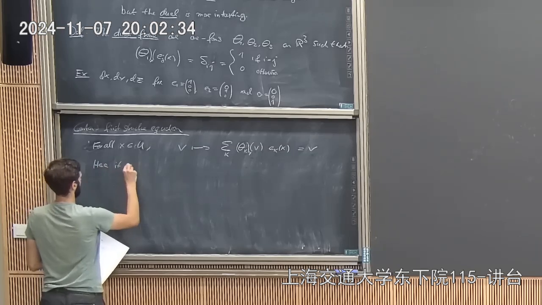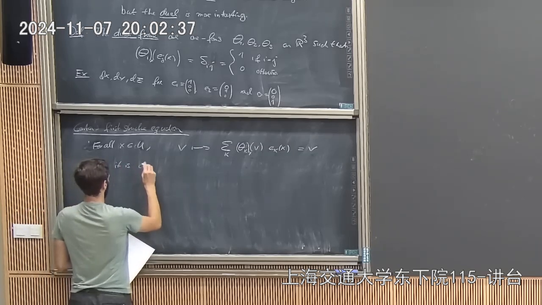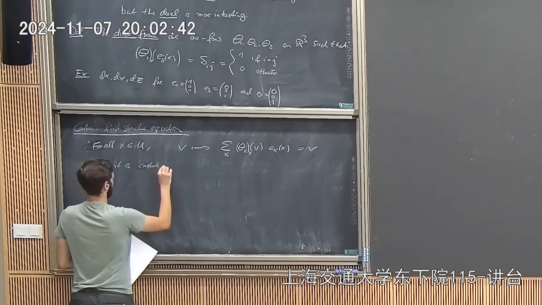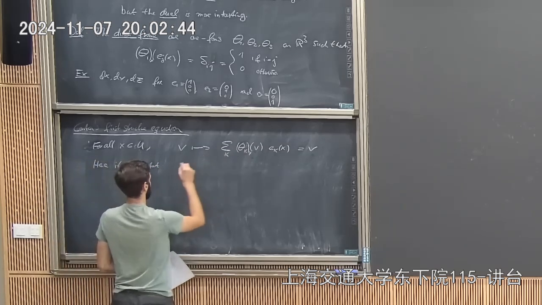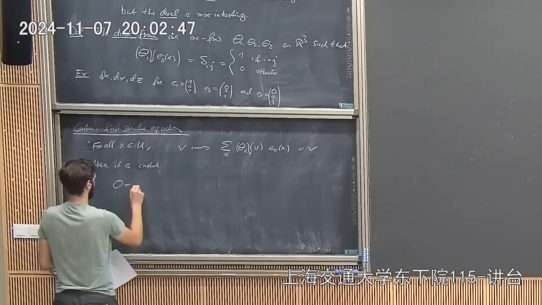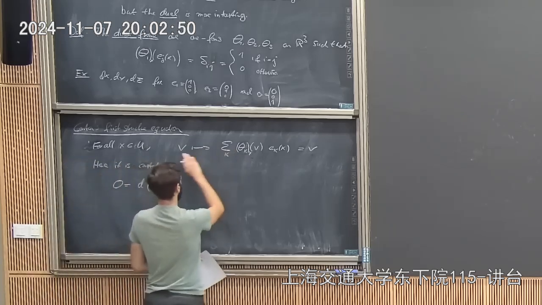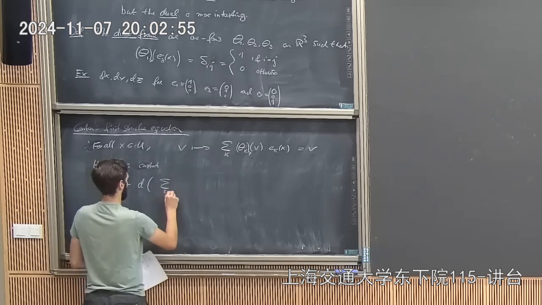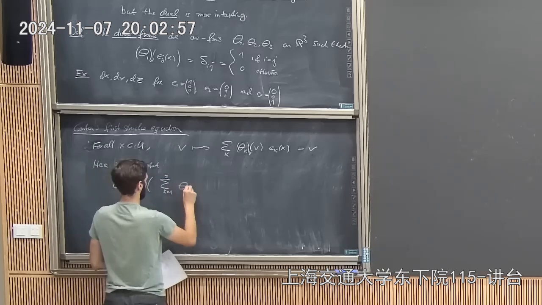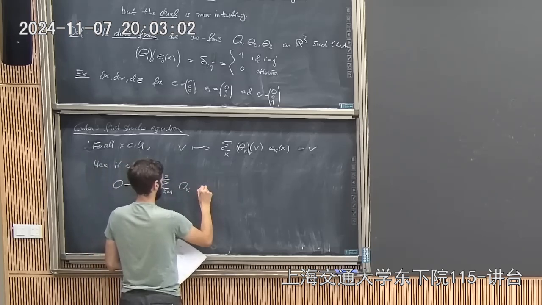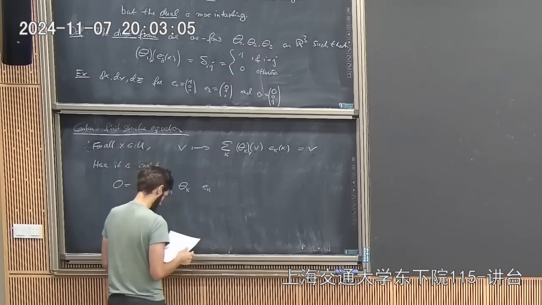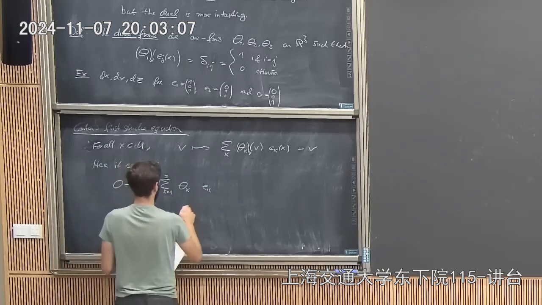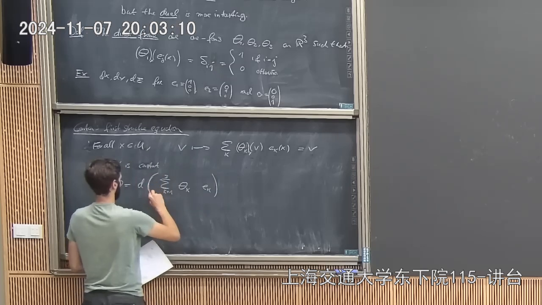Hence, it is constant. So if you take d of this differential form that sends v to this vector, we get 0.